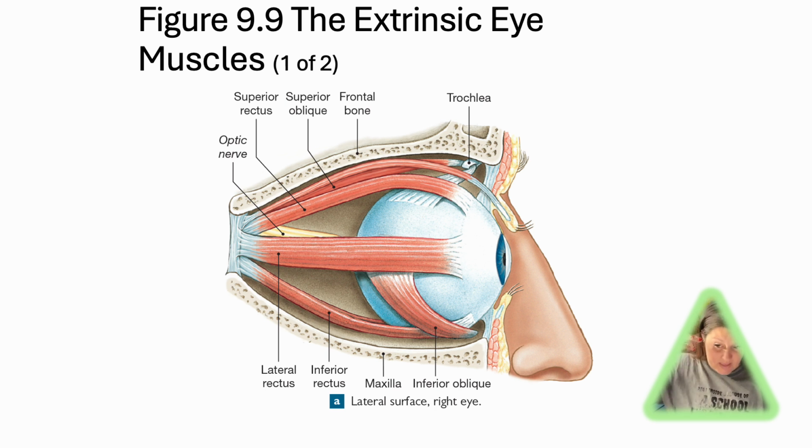So down and lateral. Yeah, you probably can't see, but down and lateral. That's your superior oblique. The inferior oblique is going to pull your eye towards the medial side. So rotating it towards the medial side and upward.